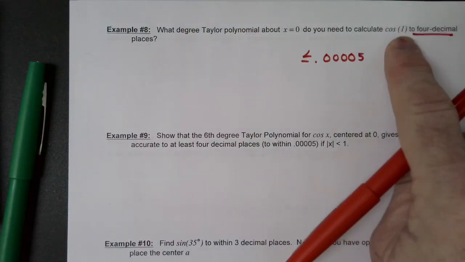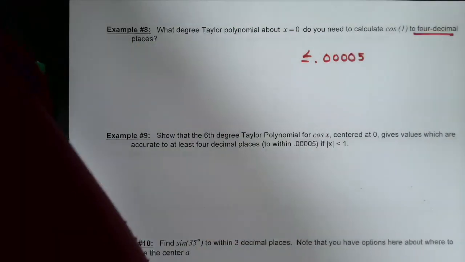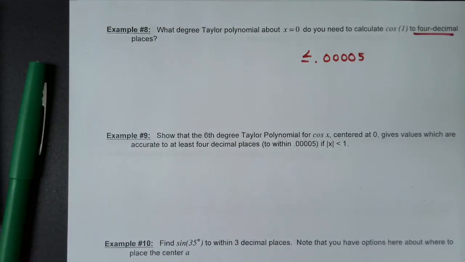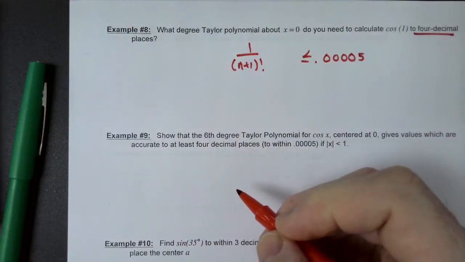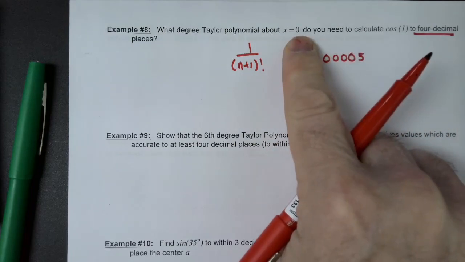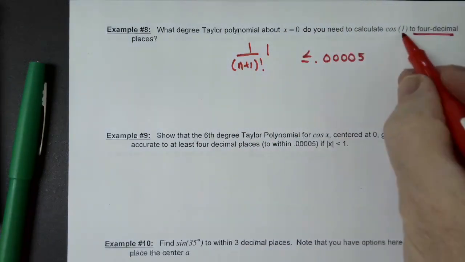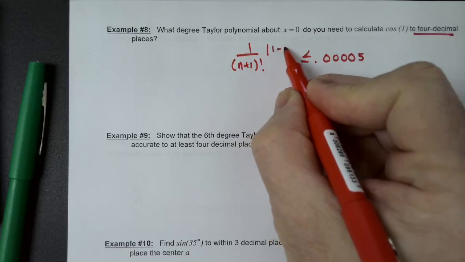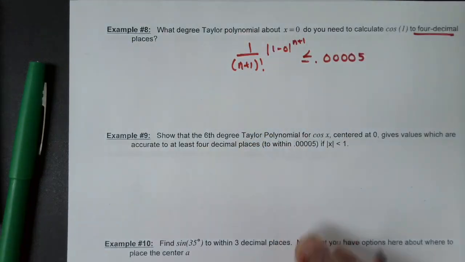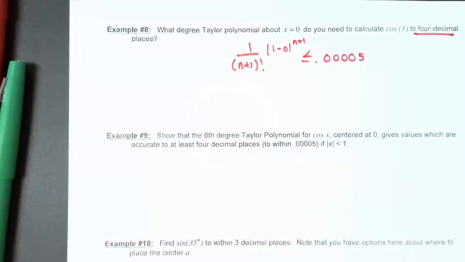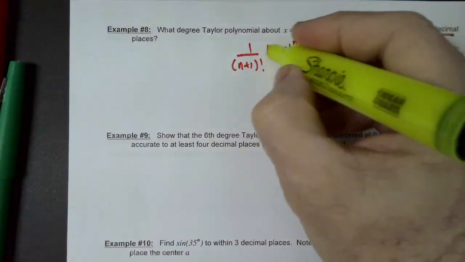Since we are using cosine, what's our M value going to be? 1. 1 over n plus 1 factorial. And since we're about 0 and x equals 1, it's a 0 minus 1 to the n plus 1 power. And that's nice because this is just going to be 1, and we don't have to worry about it.